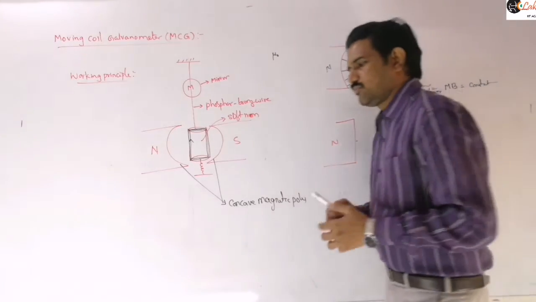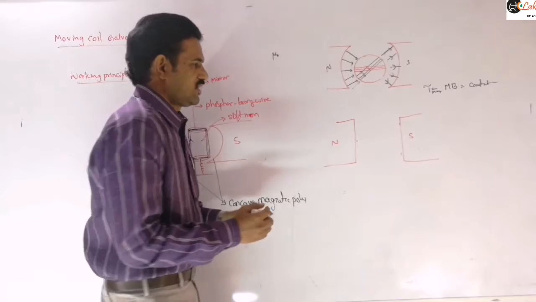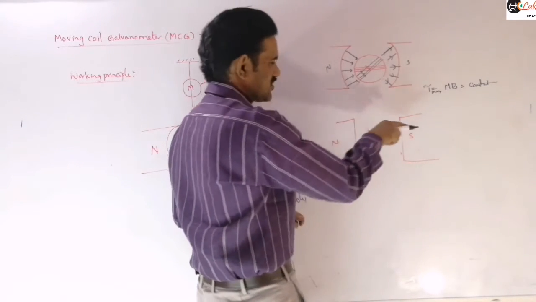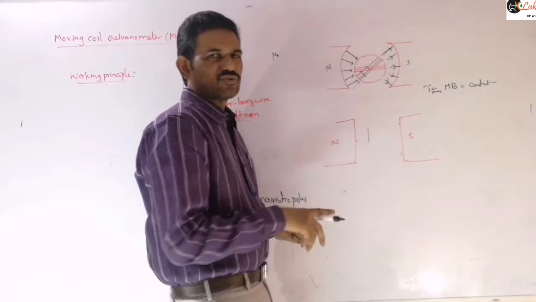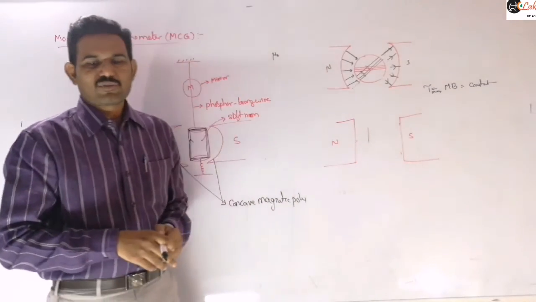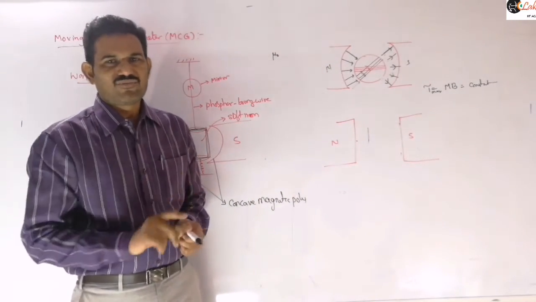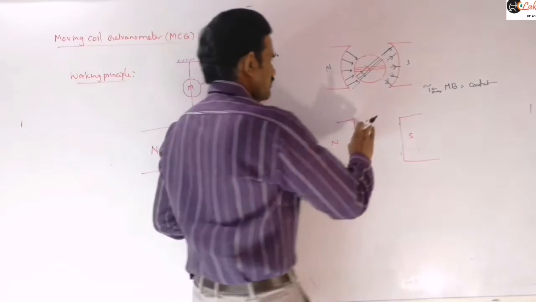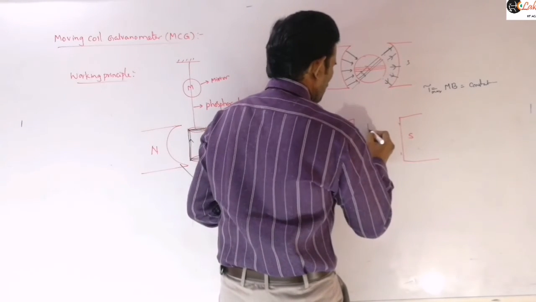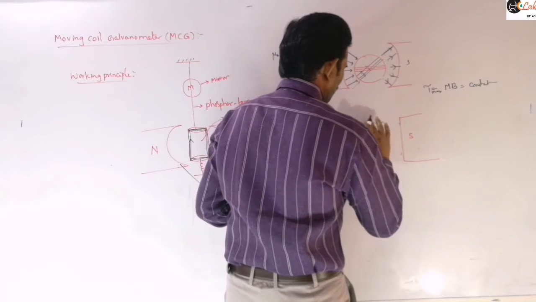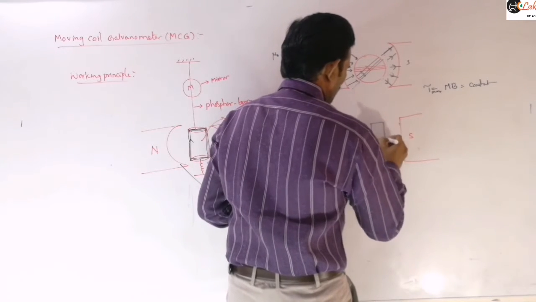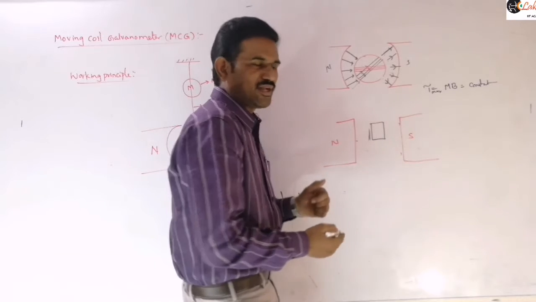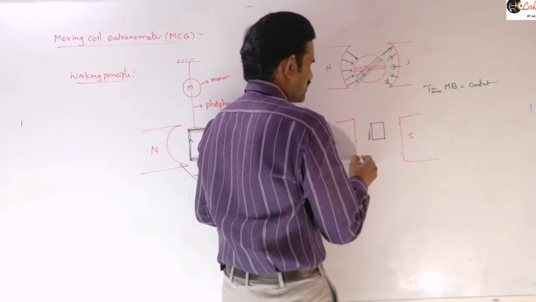When it is allowing more number of field lines to pass through it, suppose here I am placing some soft iron. Initially when nothing is placed, as we mentioned in the previous diagram, the field lines are parallel to each other, which indicates a uniform field will be there. Now here I am placing a small block of soft iron material, and the remaining area is air. Then there will be some disturbance in this medium.